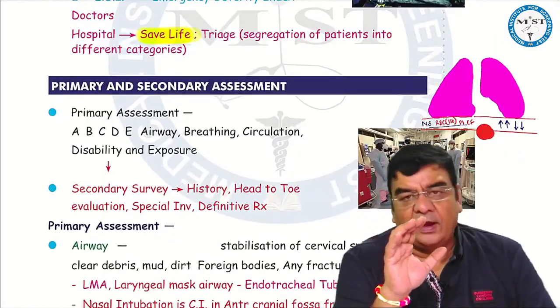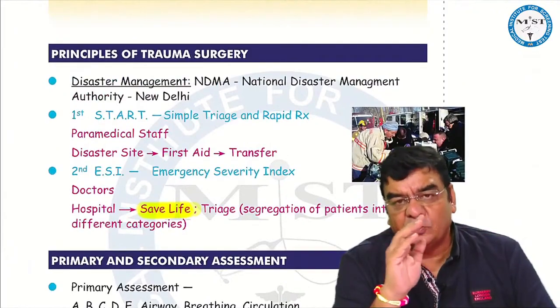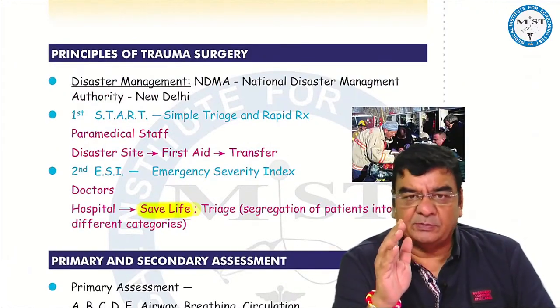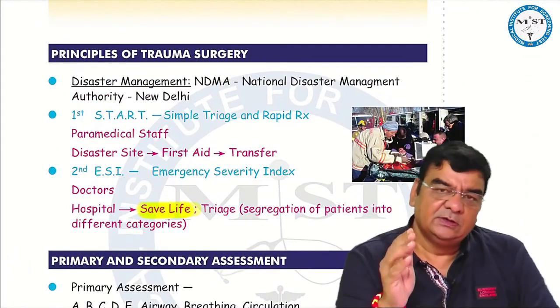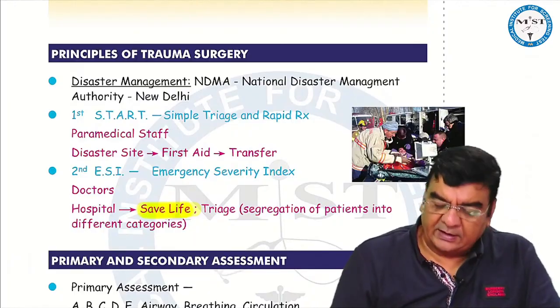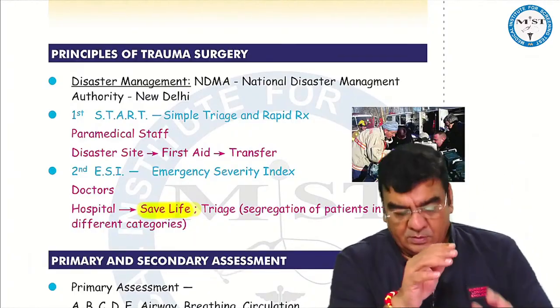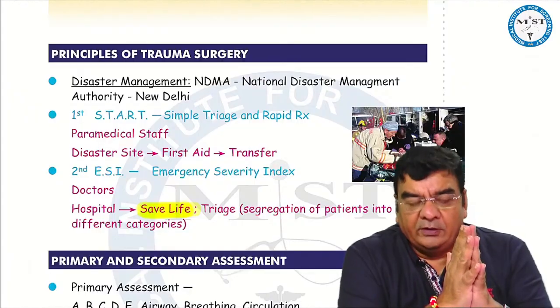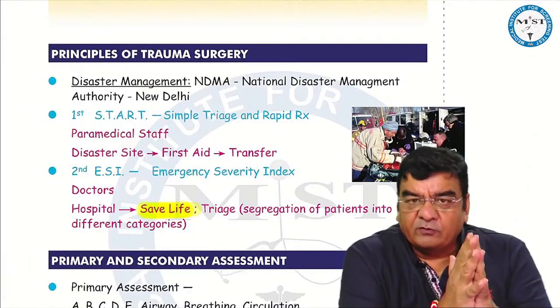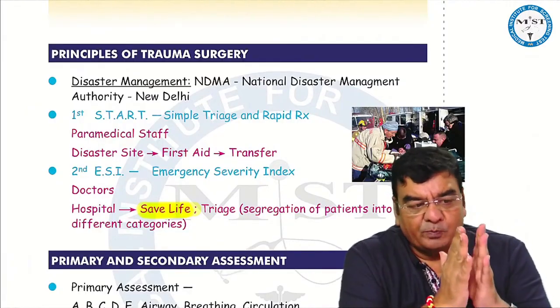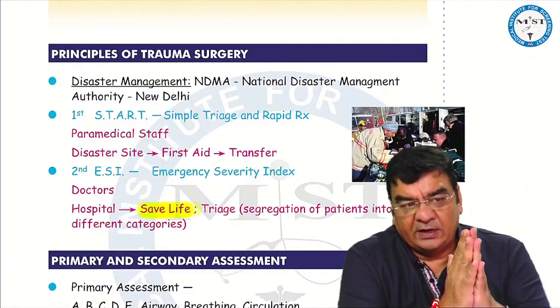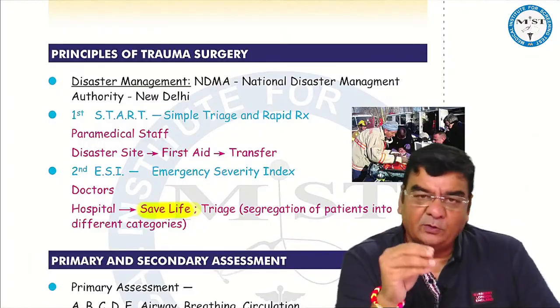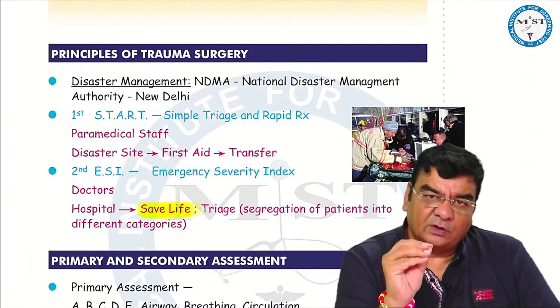Right. And at every stage, we keep on doing the triage, we keep on segregating the patients into different categories: red, yellow, green, black. Now, in these situations, first we have to save the life of the patient. So, primary assessment, that is, how the oxygen will be going into the vital organs.